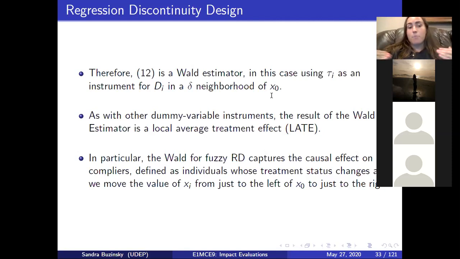So this is even more local than the local average treatment effect or the regression discontinuity alone, because the fuzzy RD is not only a LATE, but it's also local within the basically bandwidth window. So it's very, very specific.